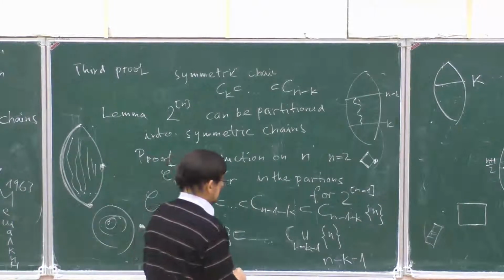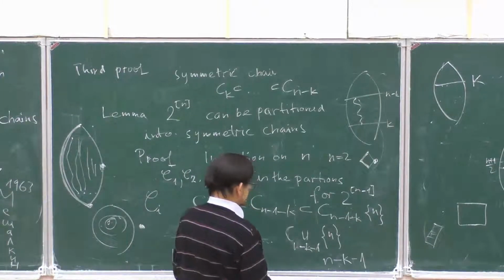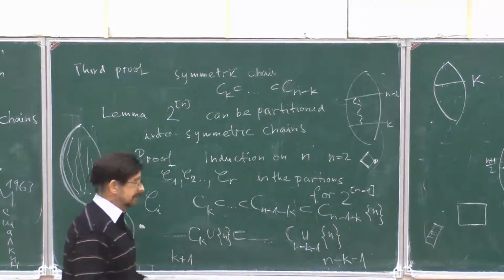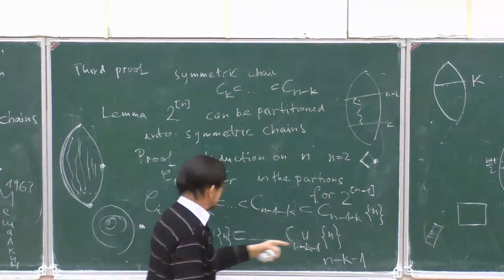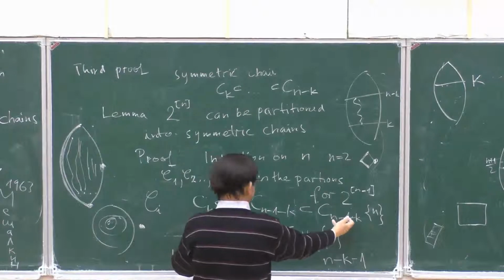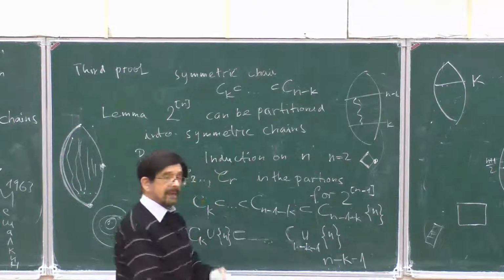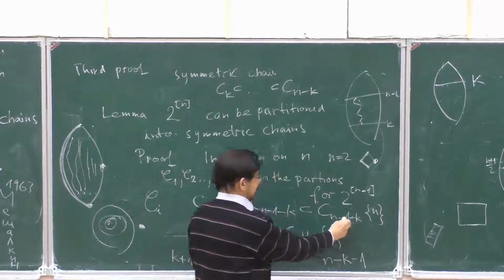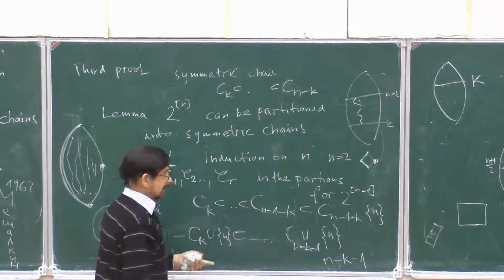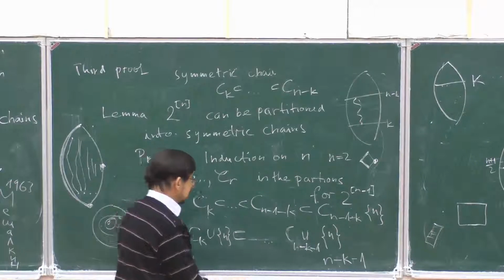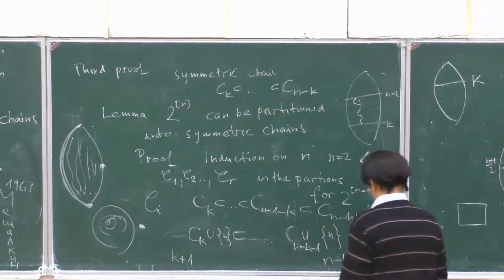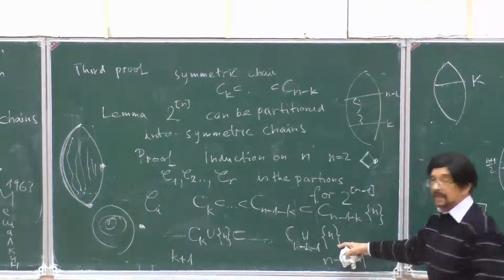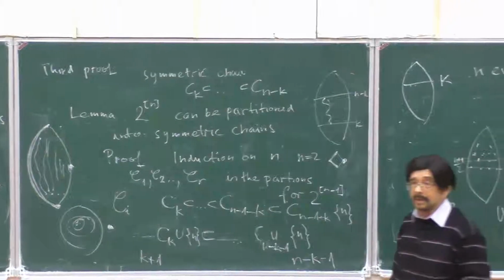So the idea is that to make this symmetric, we have to add one more set, because the sum of these two was n minus 1, and we want n. And now, if we added this one, then the sum is okay. So this is symmetric, but at this moment we have this 2 times, which is forbidden.